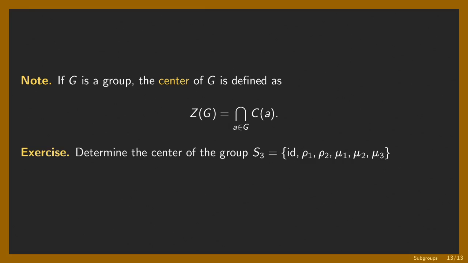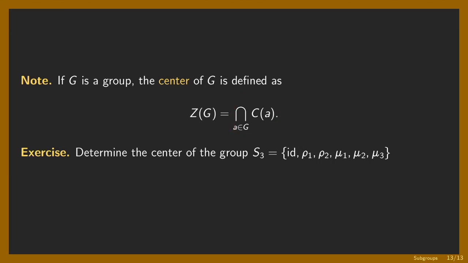Now we know that every element has their own centralizer, and we know that centralizers are subgroups. Tapos we know that if we take the intersection of subgroups, that will also be a subgroup. If we take all the centralizers for each element, we get the subgroup which is what we call the center of the group. Basically, the elements of the center are those that commute with everybody.